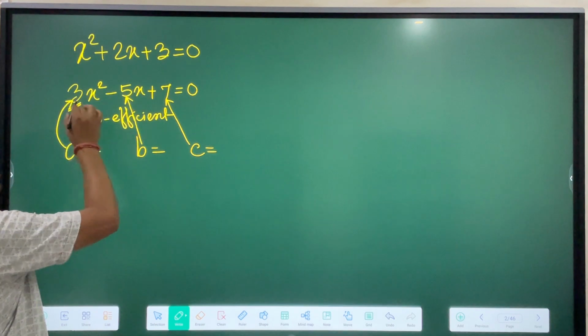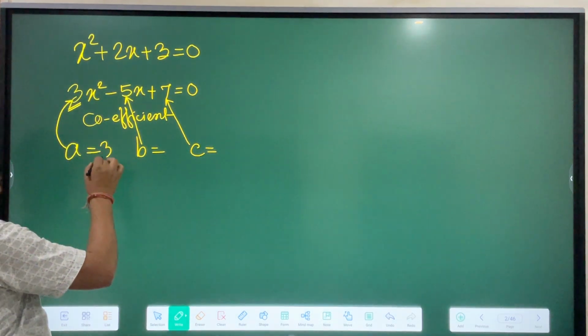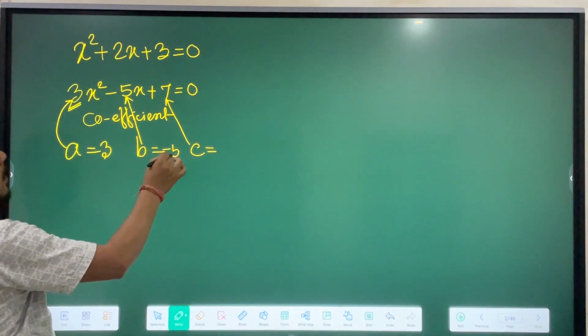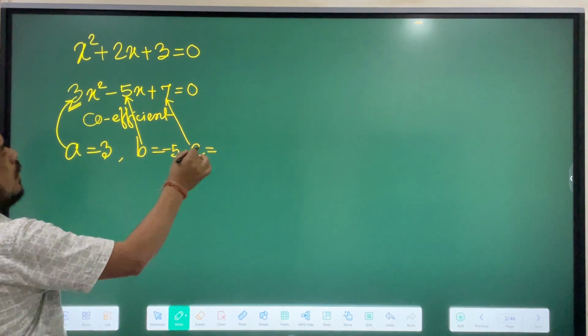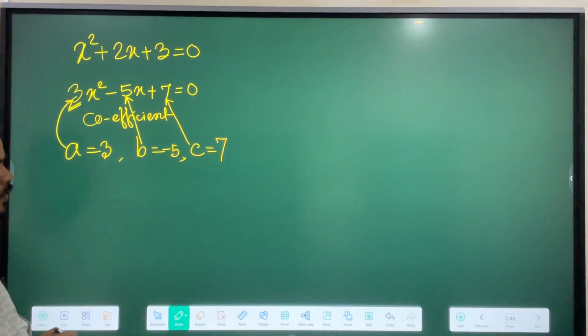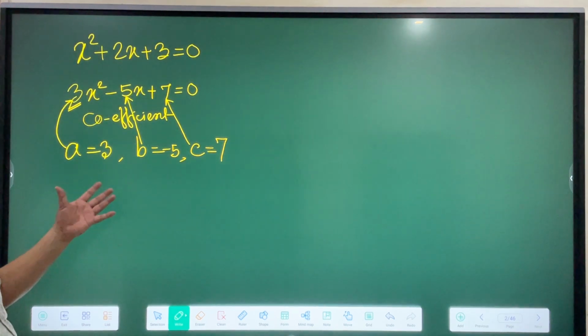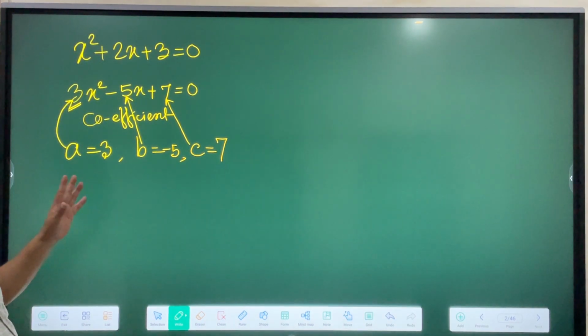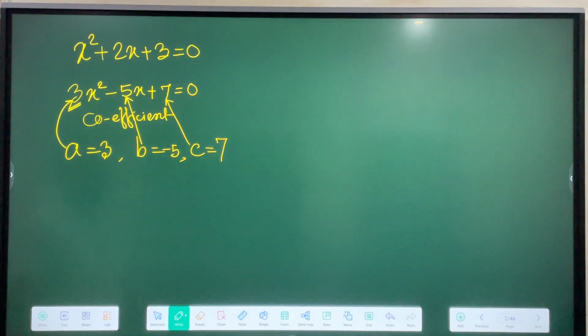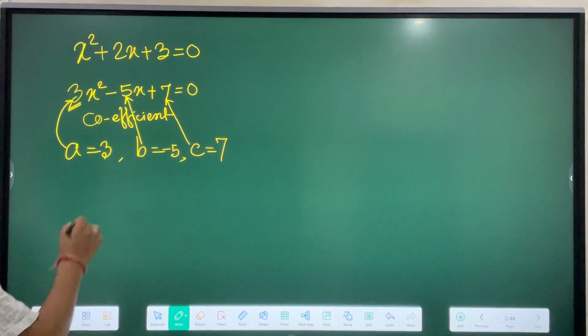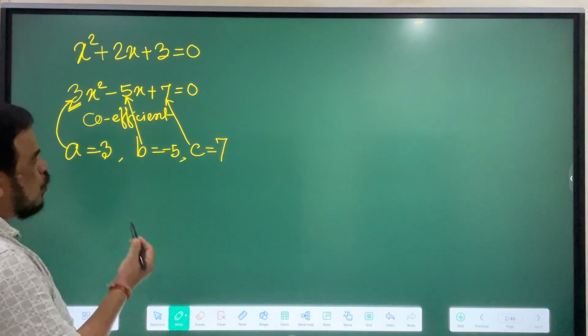So for this equation, A is 3, B is minus 5, and C is 7. This is just a recall; we already know these things, but I repeat it so that you can recall them.